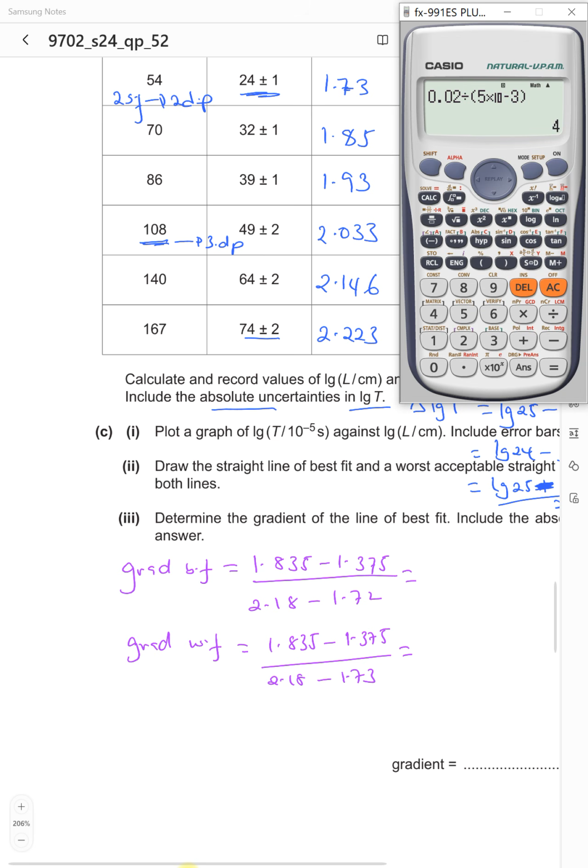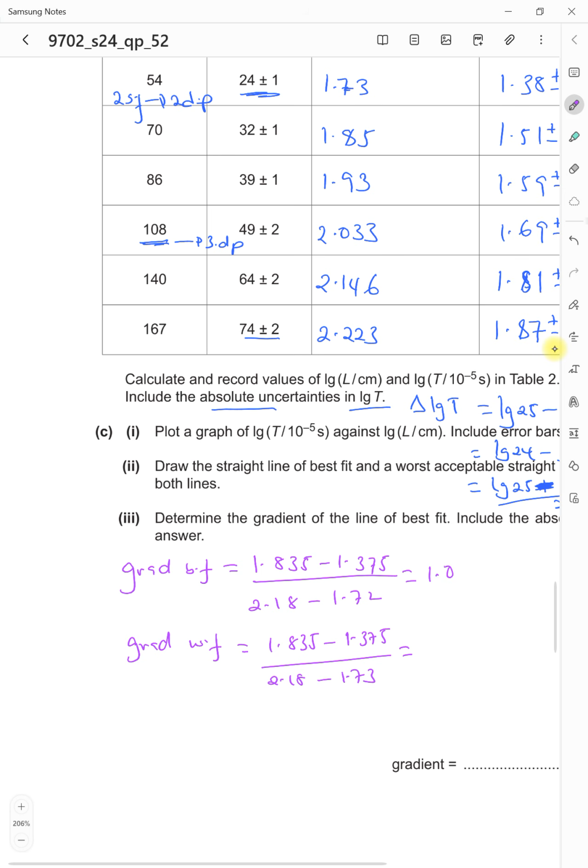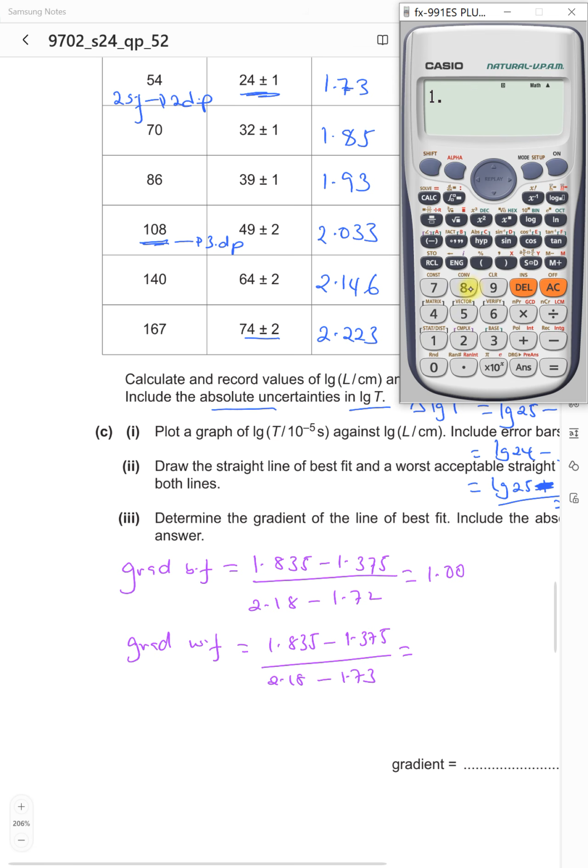So I'll just check with my calculator. 1.835 minus 1.375 divided by 2.18 minus 1.72. So this is, I'll just write 1.0. Then the second one, 1.835 minus 1.375 divided by 2.18 minus 1.73. So that is 1.02.